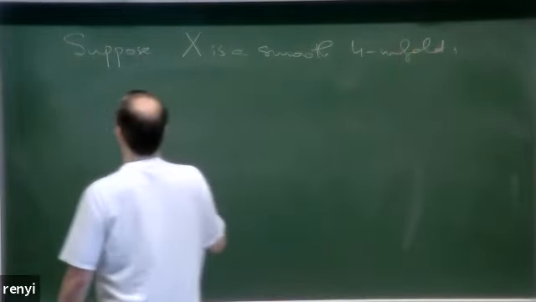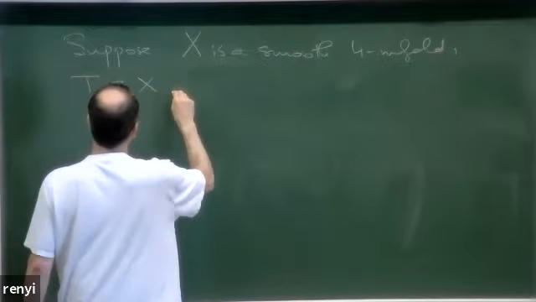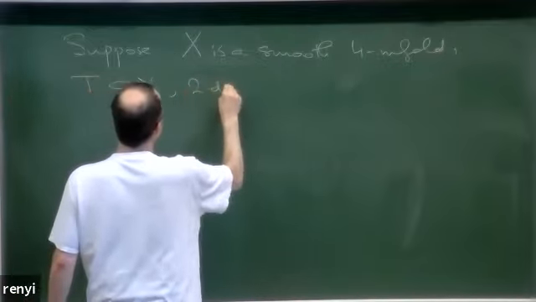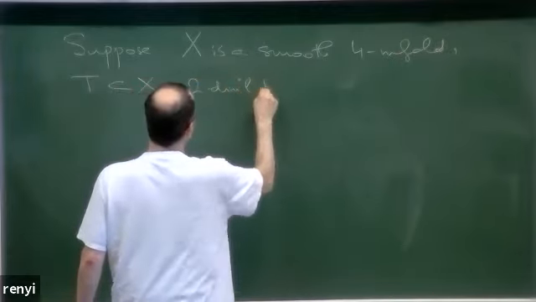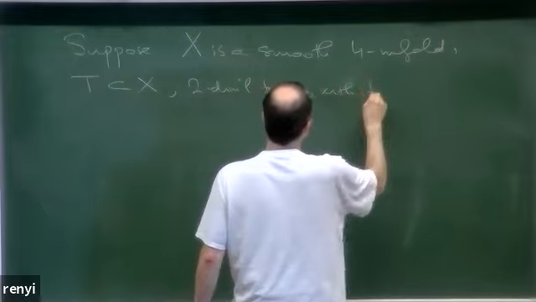And now we have a torus T inside X, a two-dimensional torus with trivial normal bundle.